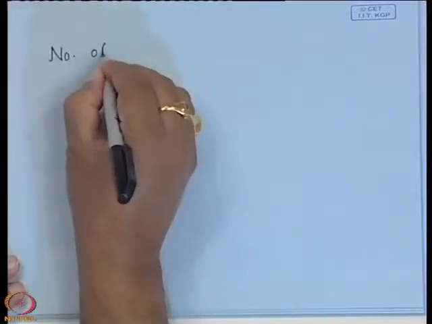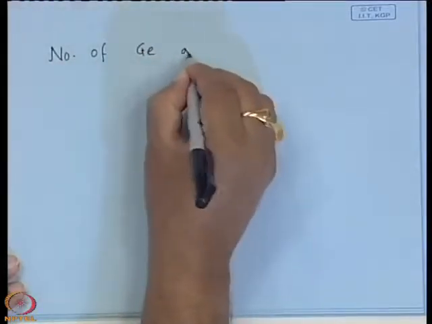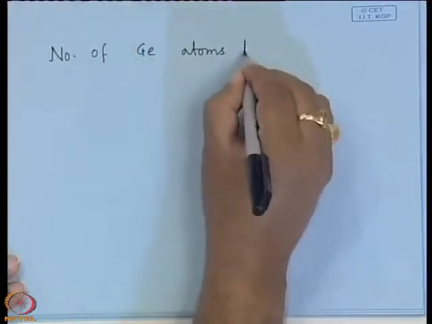Now, what is the number of germanium atoms in the crystal? How can you calculate? Basically, we have calculated the number of germanium atoms per unit volume.